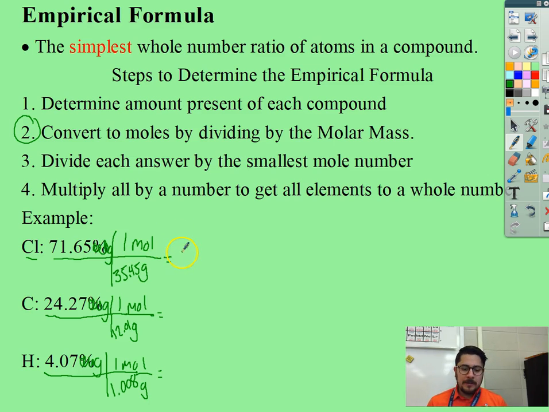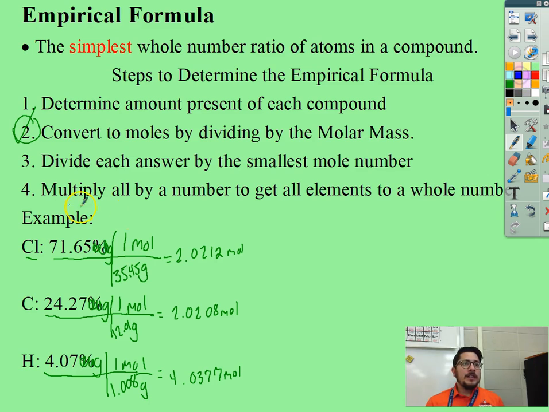So chlorine, if I plug this in correctly, I got 2.0212 moles. On this one, I got 2.0208. And the last one, I got 4.0377. Okay, so I'm done with step 2.